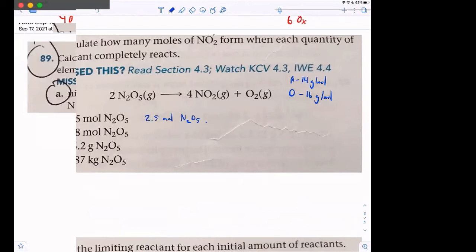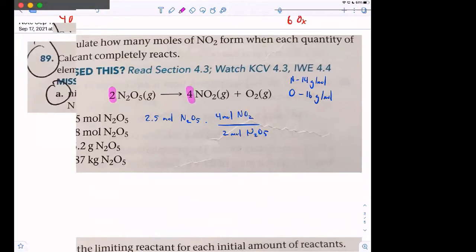I thought for some reason it was, sorry. It'll be nitrogen dioxide. And there's 4 moles NO2 to 2 moles N2O5. And I'm getting that from that ratio.